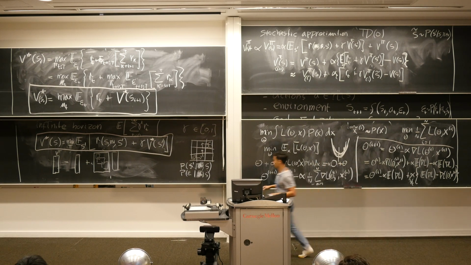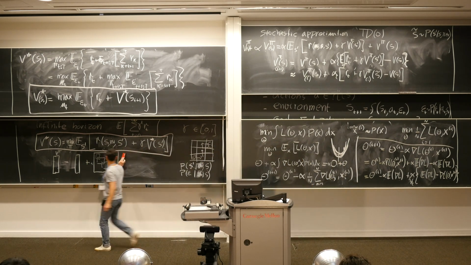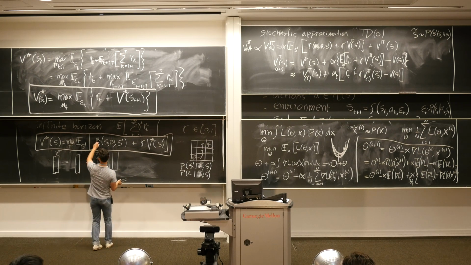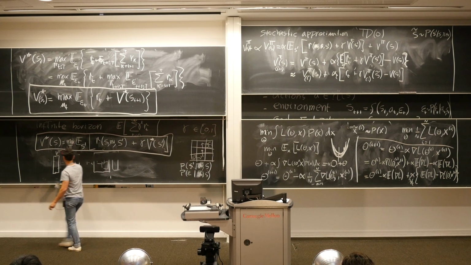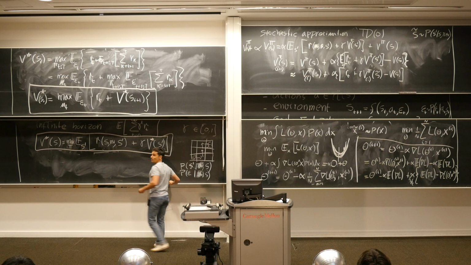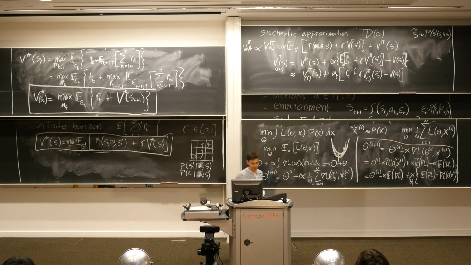Now I want to just conclude with one last thing that we're missing, which is Q functions. And I will soon run out of time, so I'm going to just state the main result.